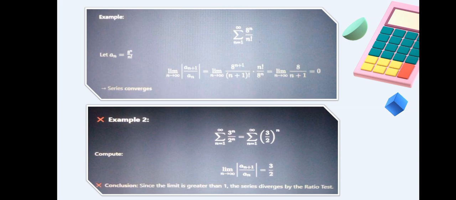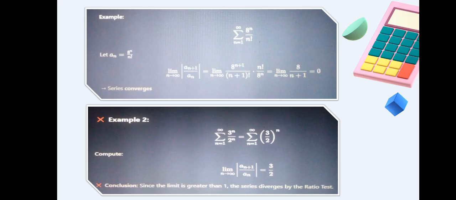summation of n equals 1 to infinity of 3 raised to n over 2 raised to n equals summation of n equals 1 to infinity of (3 over 2) raised to n.